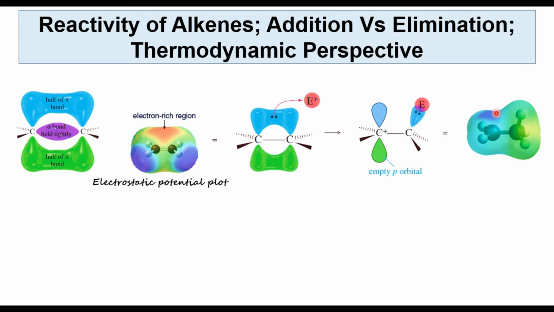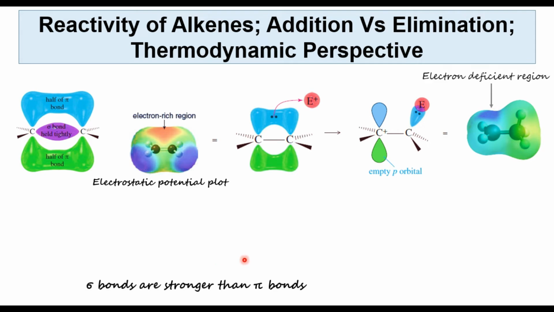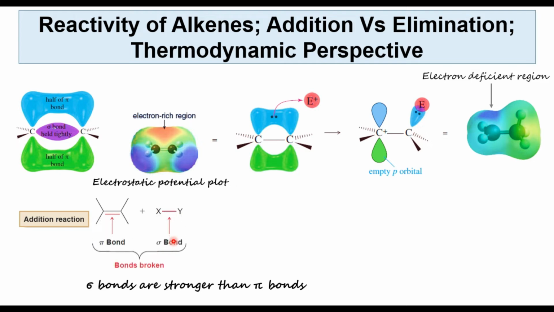Because the carbon-carbon pi bond of an alkene is much weaker than the carbon-carbon sigma bond, the characteristic reaction of the alkene is the addition reaction. One pi bond and one sigma bond are broken while 2 sigma bonds are formed.